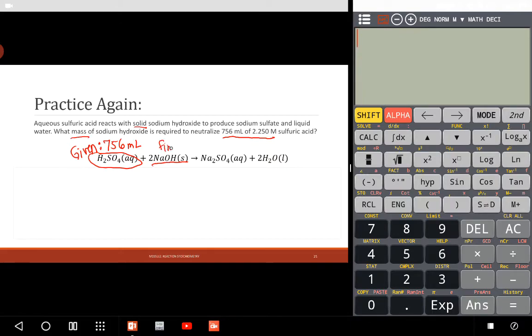So we're asked to find grams. So 756 milliliters is 0.756 liters because you can divide by 1,000 in order to convert between milliliters and liters. And so that's my sulfuric acid solution. So I need to label that.